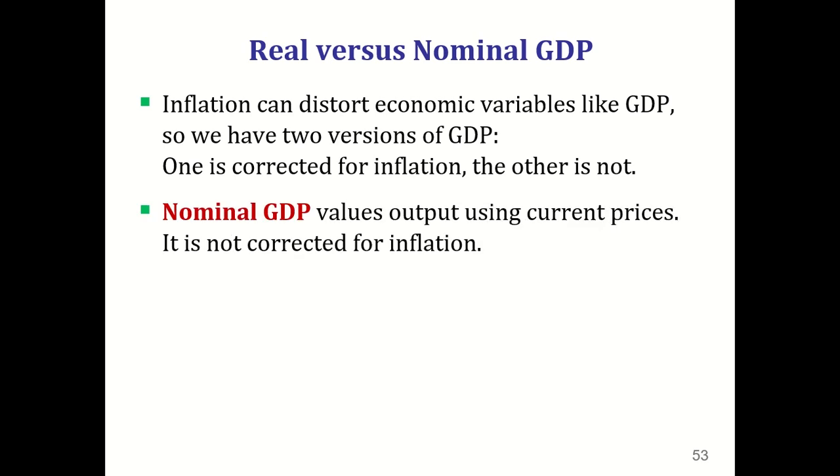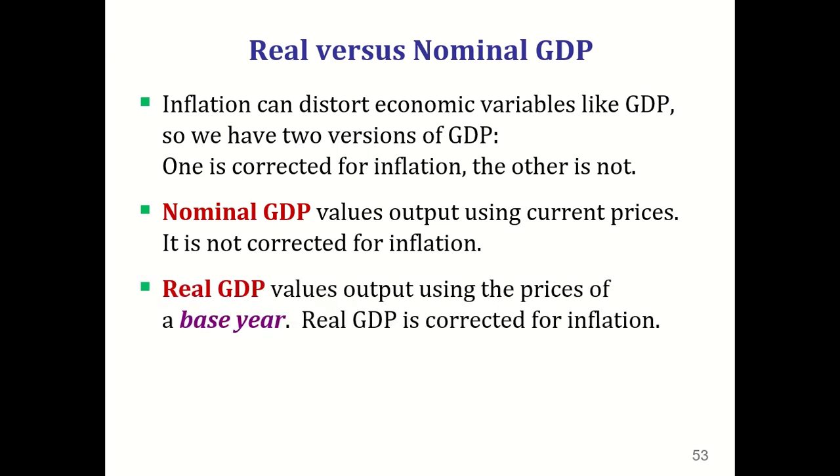Now, more formally, nominal GDP values output using current prices. That means if today I am measuring GDP, I will use today's output, today's quantities, and today's prices, the prices of the goods as they prevail today.